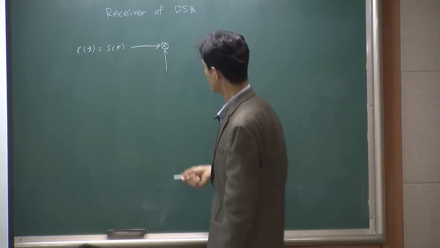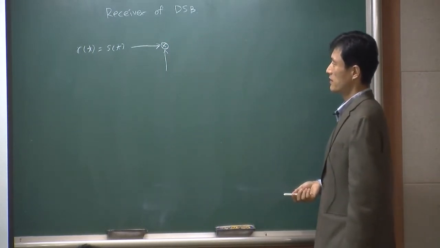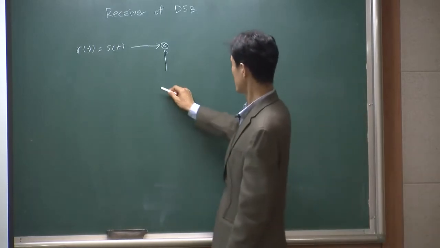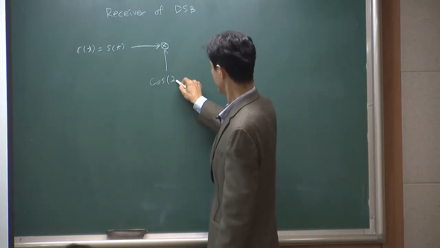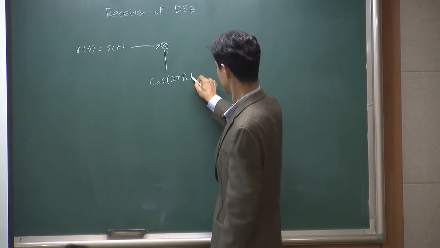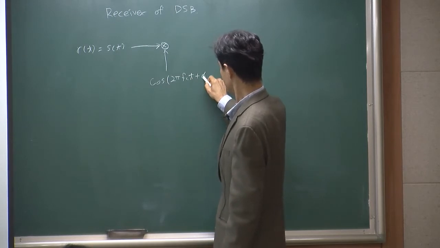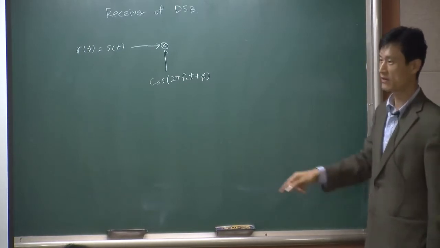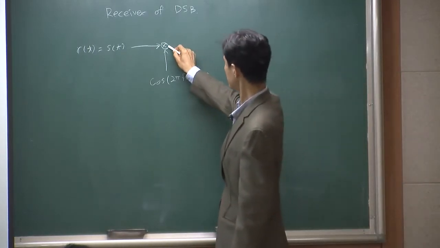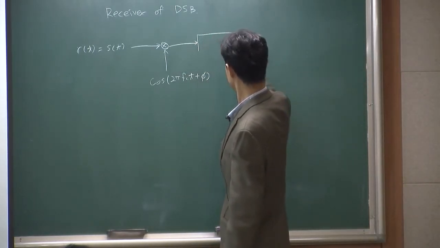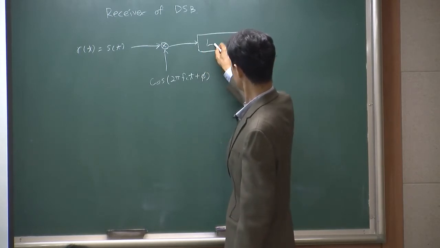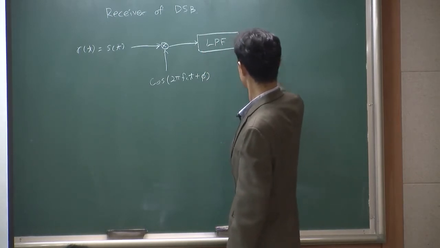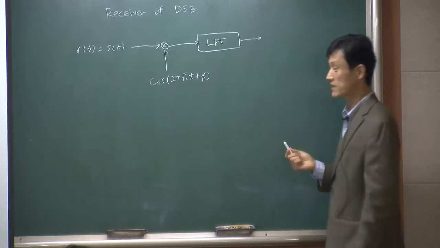And what you do is multiply by the cosine carrier. Your carrier at the receiver may have a phase mismatch. And then you need to put a filter.